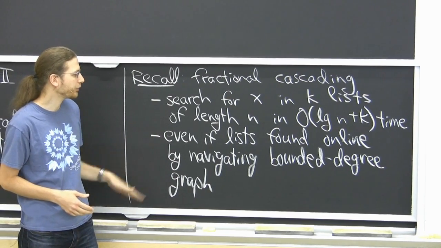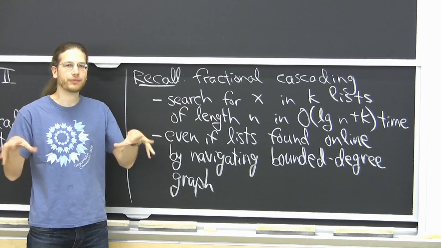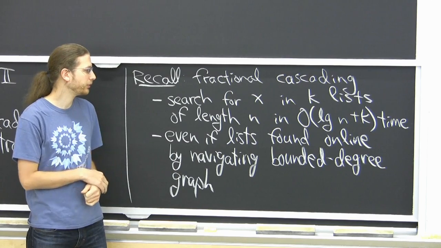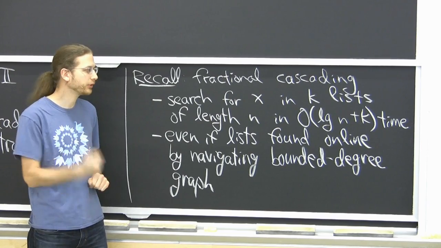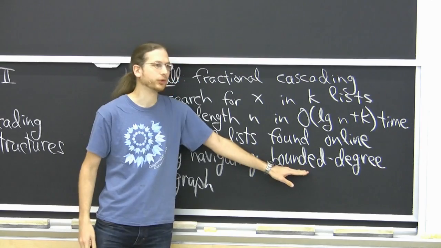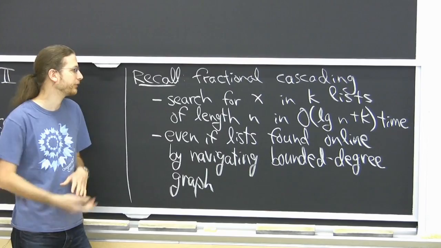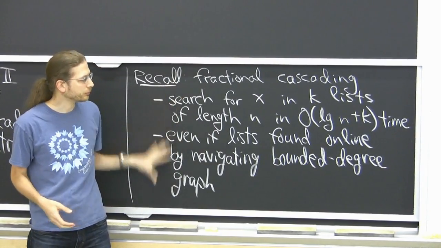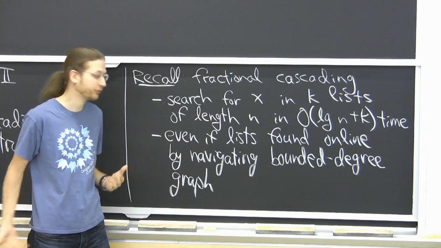And the general version that we talked about is if you're navigating a graph and at each node of the graph you have one of these lists, then you can instantly know where x fits in that list in constant time per thing, as long as you spend log n time to get started. Provided your graph has bounded degree. That was necessary to do all the fractional cascading stuff of copying half into the next level up. So we're going to use this result to get a log factor improvement in our old friend orthogonal range searching.